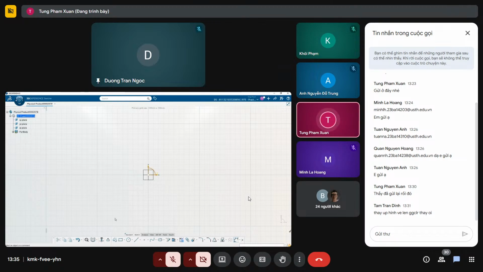For example, if you want to draw a rectangle, you click on the rectangle. But for 3D, or other software such as CATIA and SolidWorks, they always have a grid.